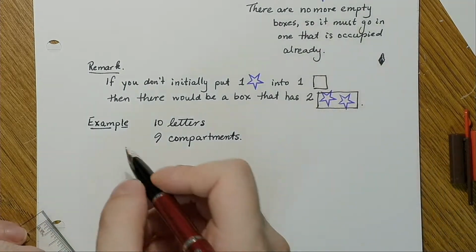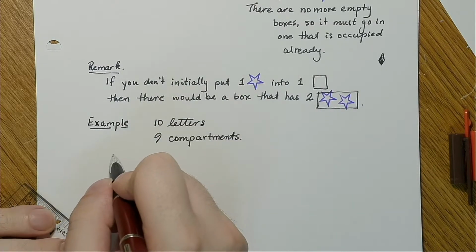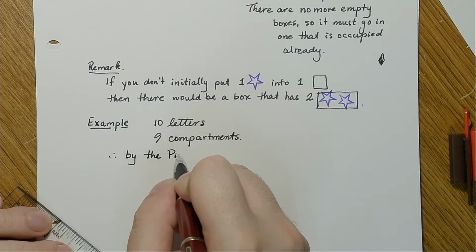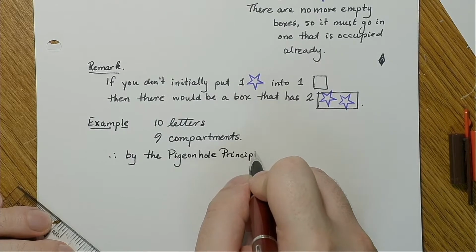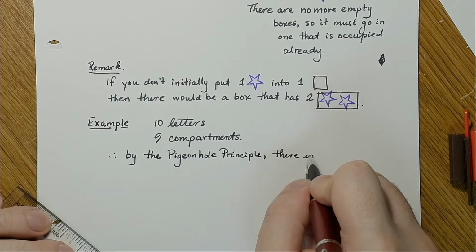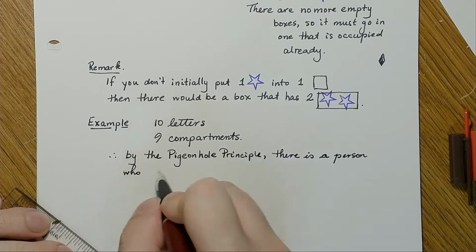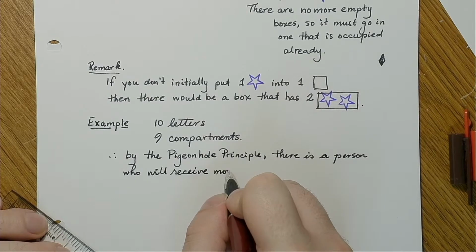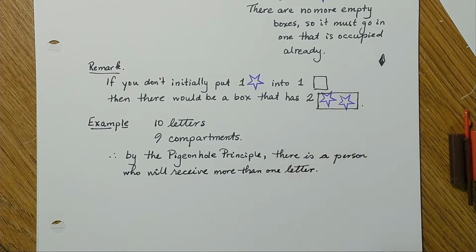Then we know for sure, therefore by the pigeonhole principle, there is a person who will receive more than one letter. It is a fancy method.